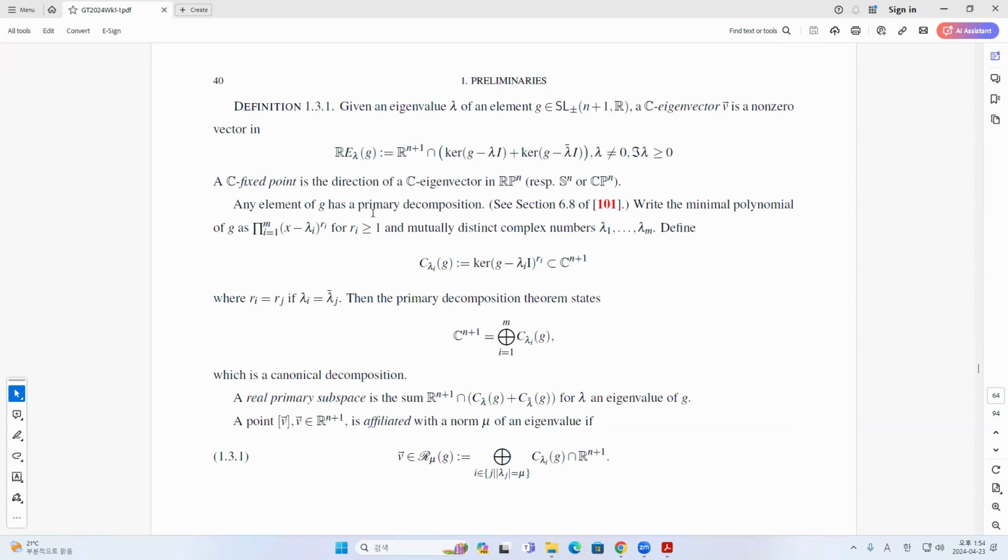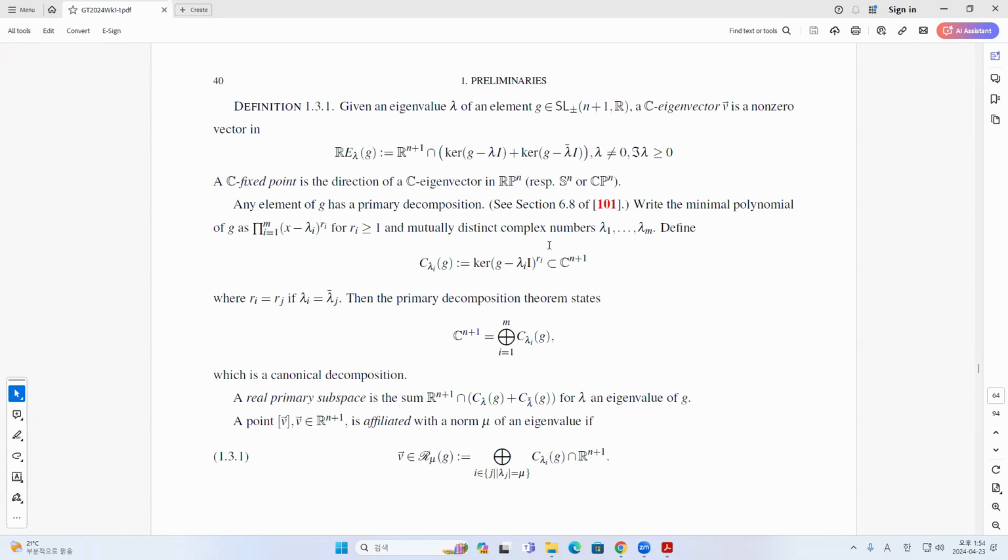Okay, and so if you have any primary decomposition, which is something you will have to have learned, you can write any minimal polynomial of G as powers of (x minus lambda_i) to the gamma_i, where these lambda_i are the eigenvalues, and you multiply with some multiplicity.